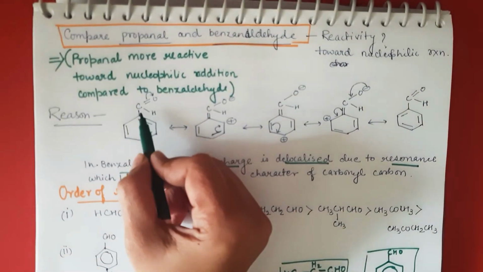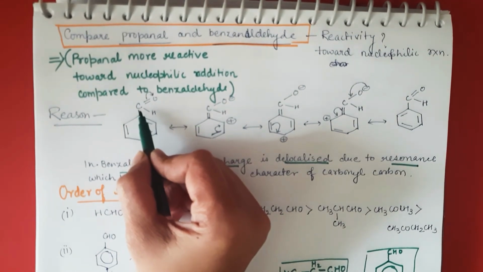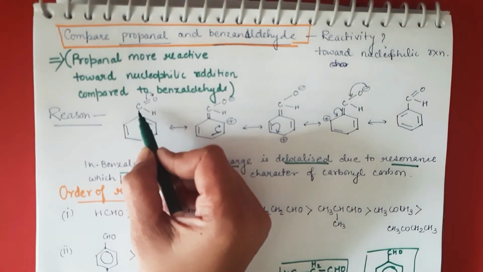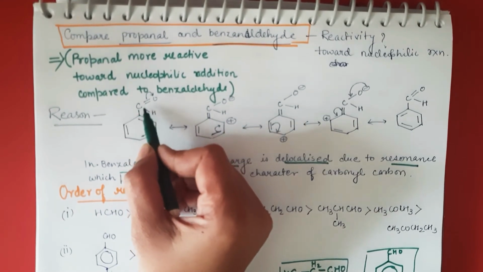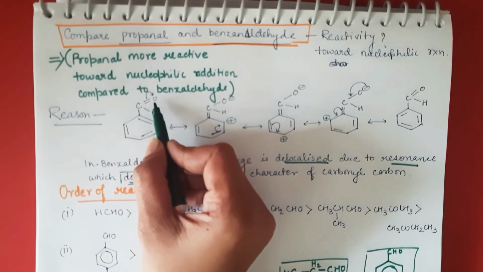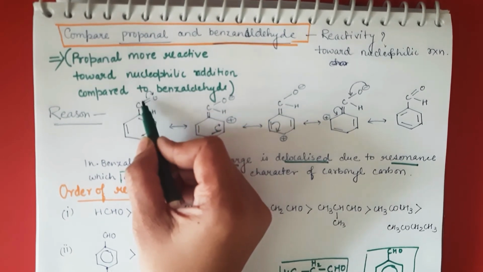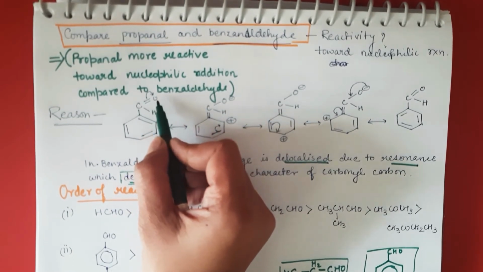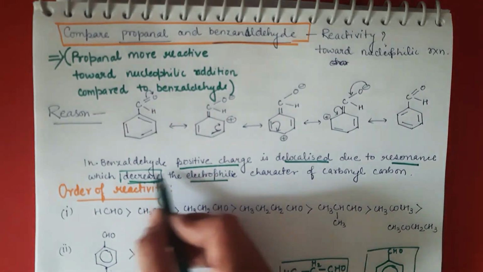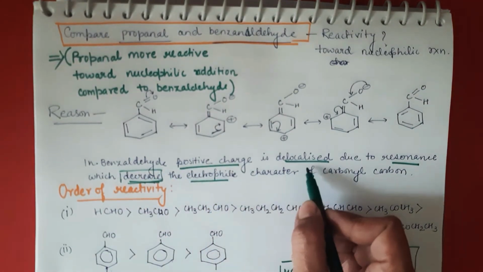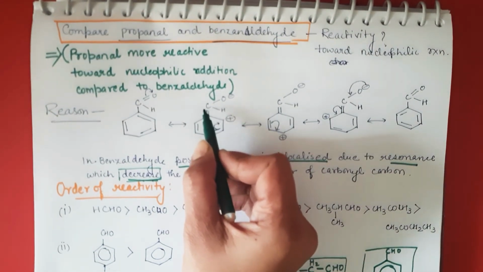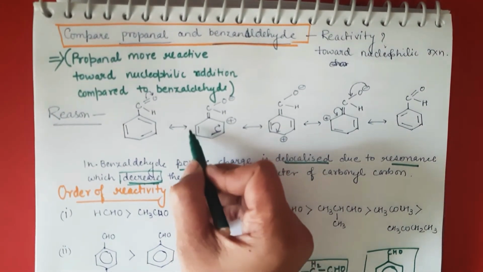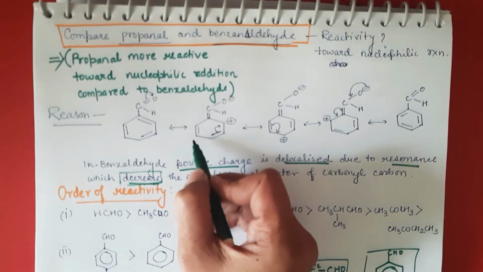What does this mean? As we know, the carbon is positively charged as compared to oxygen in the carbonyl group, because oxygen is more electronegative and pulls the electron cloud toward itself. So the positive charge is delocalized due to resonance; the positive charge attained by this carbon is delocalized in this ring.